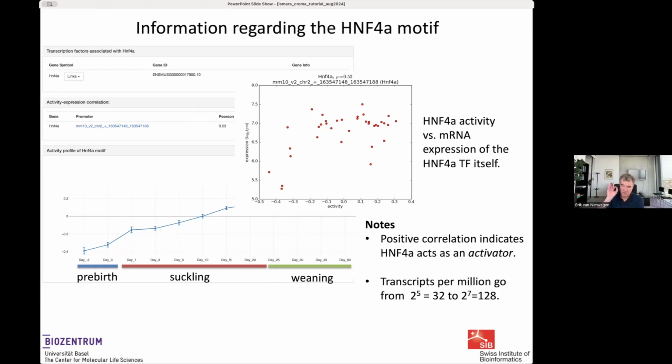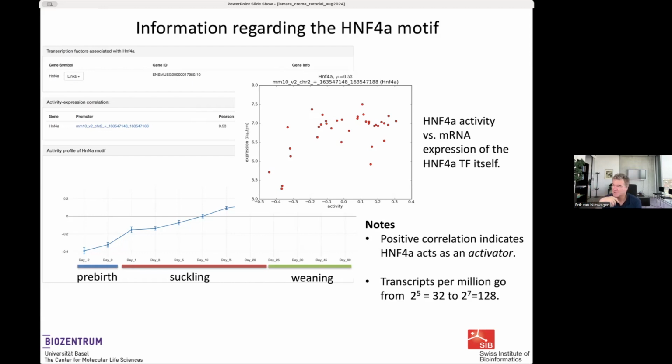Now, it is important to realize that by no means is it necessary that the expression level of the transcription factor correlates with the motif activity. Okay, so if the transcription factor is not expressed at all, well, then it cannot do anything.